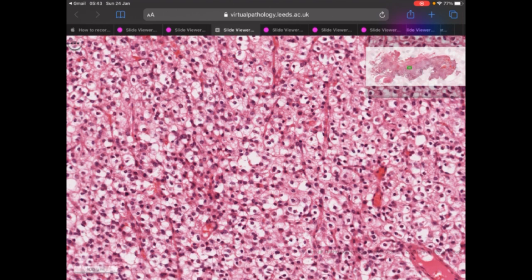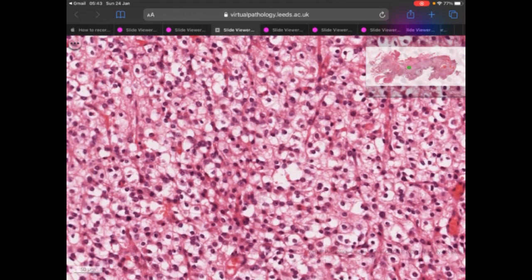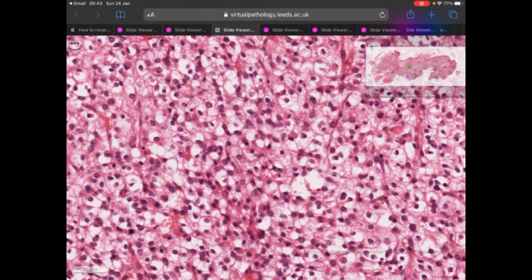We go higher to see further details of the cytology. So you can confirm that there is no pleomorphism. Again, you can appreciate that the nucleus is oval and rounded. There is no difference in terms of shape and size. All show similar features, a fine chromatin pattern.